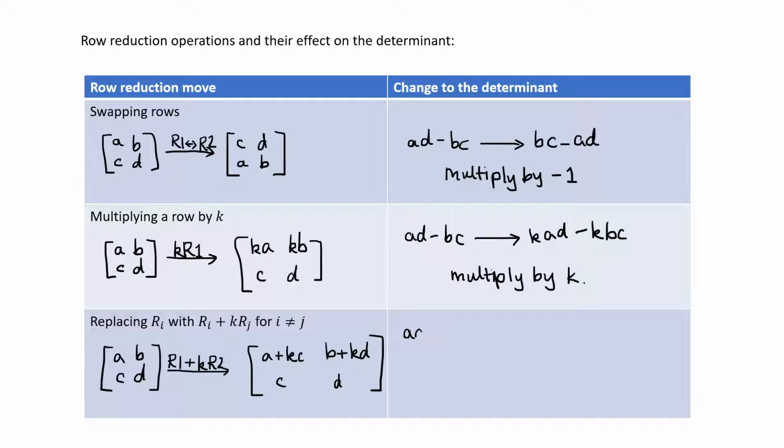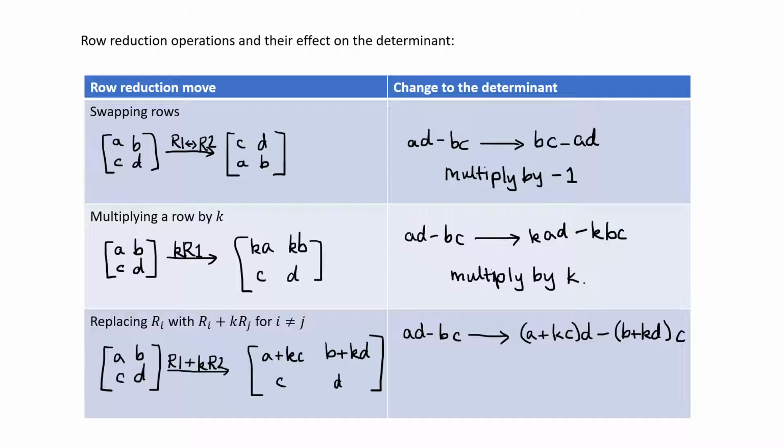We start out with AD minus BC, and we end up with A plus kC times D minus B plus kD times C.